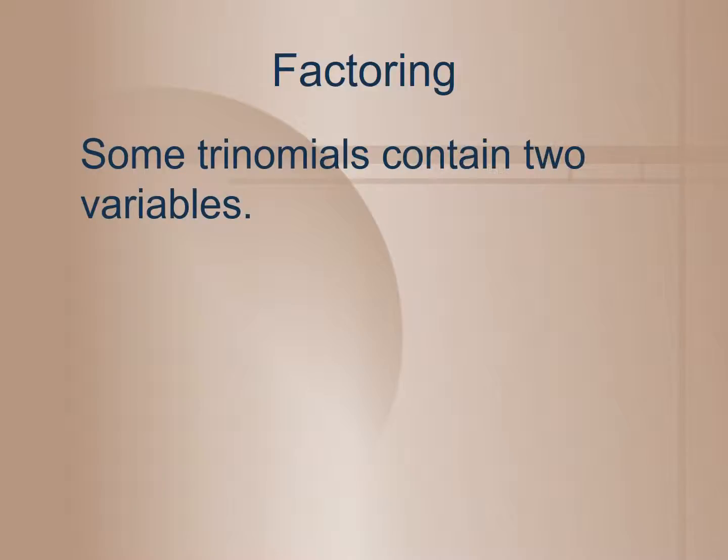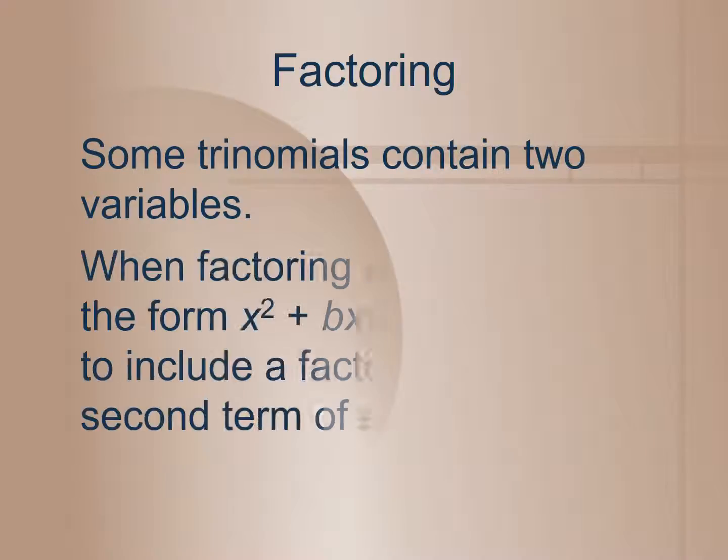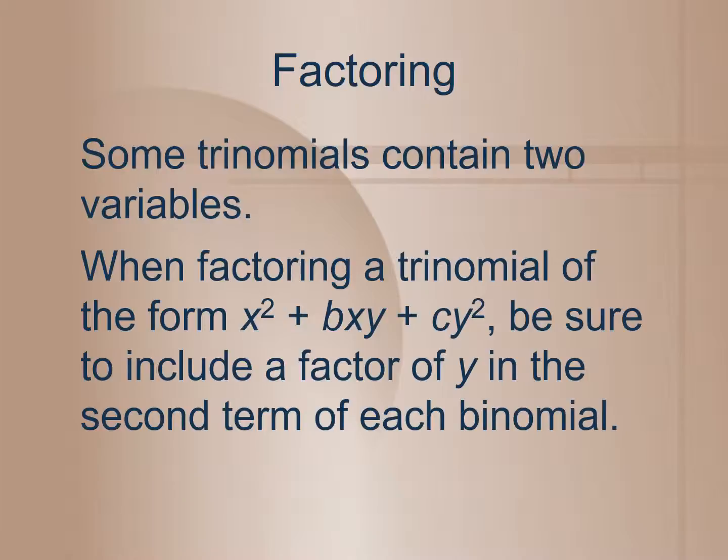Some trinomials contain two variables. When factoring a trinomial that has two variables, which means it looks something like this, notice that we don't just have a c, but we also have a y squared at the end, or another variable squared. And then that variable also ends up in our middle term as well.